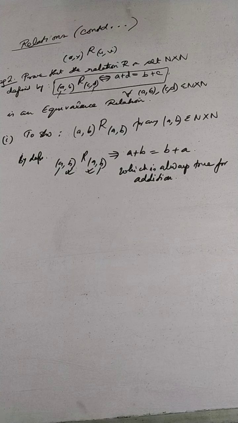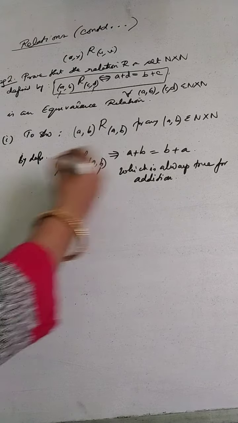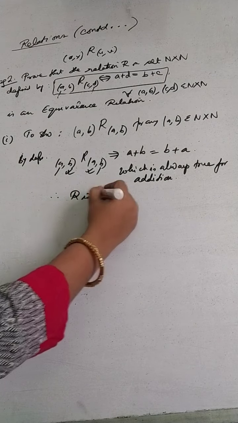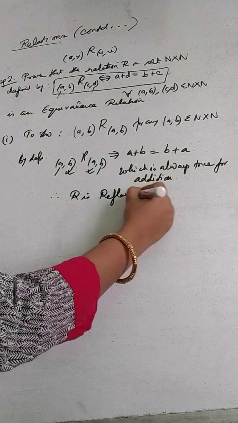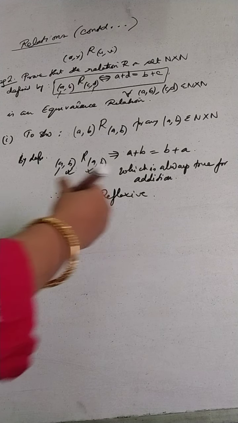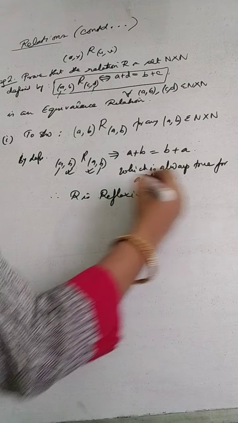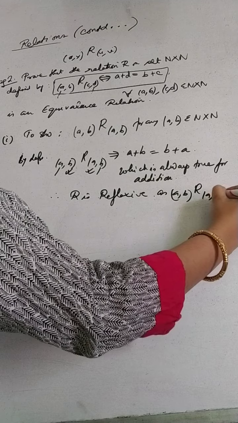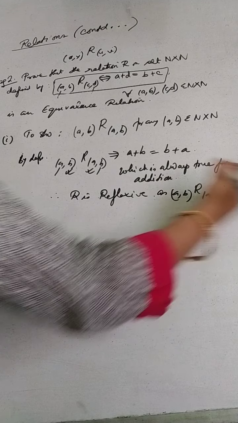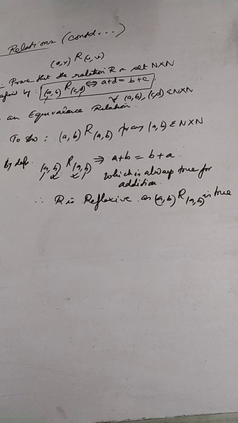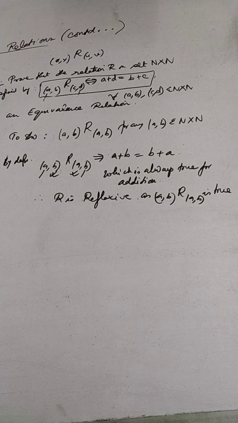Therefore, R is reflexive. So therefore, AB RAB holds. I think we'll write that first, as AB RAB is true. You can add this. As AB related to AB is true, that is why I can say that R is reflexive.